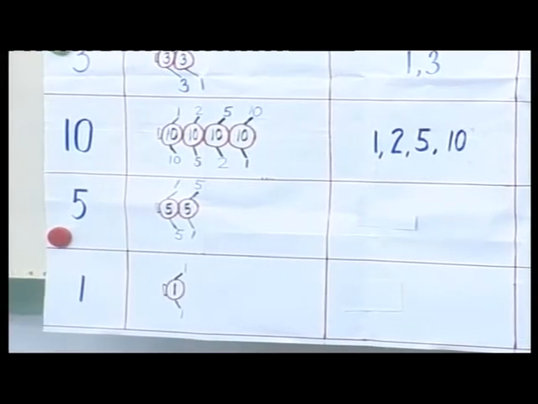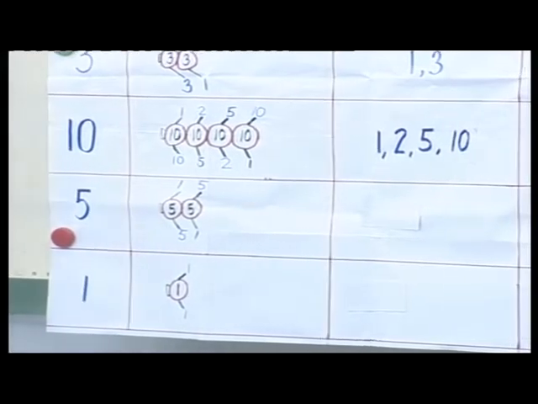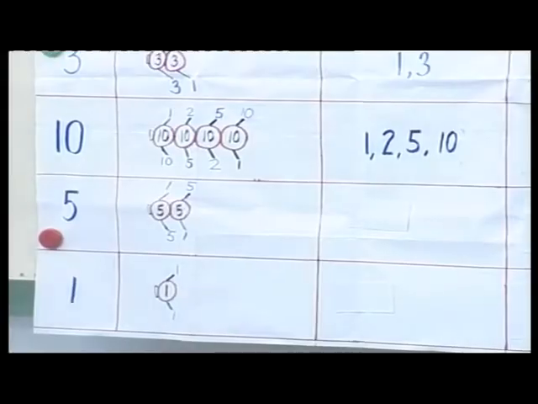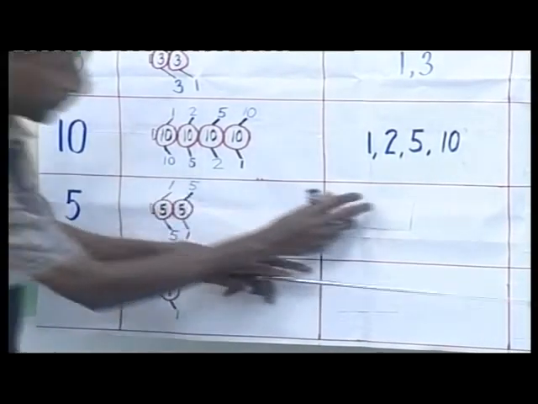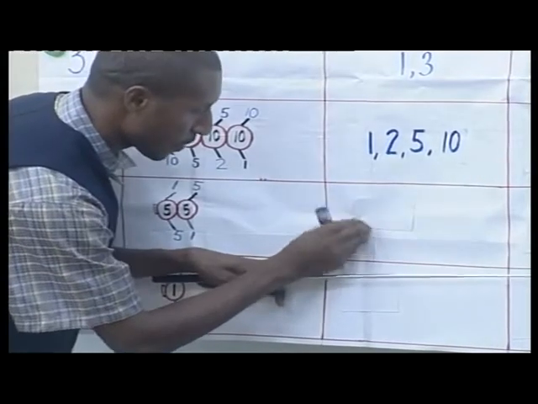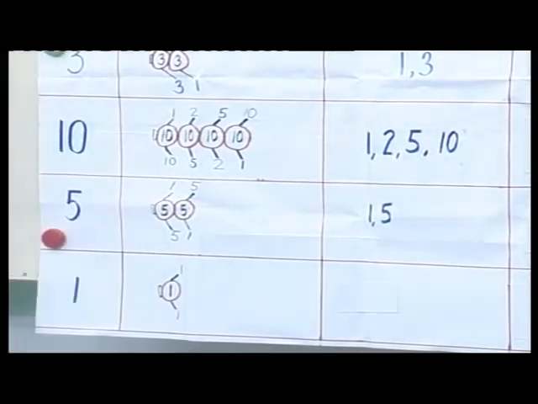What are the factors of 5? 1 and 5. Is she correct? Yes. So students, the factors of 5 are 1 and 5.